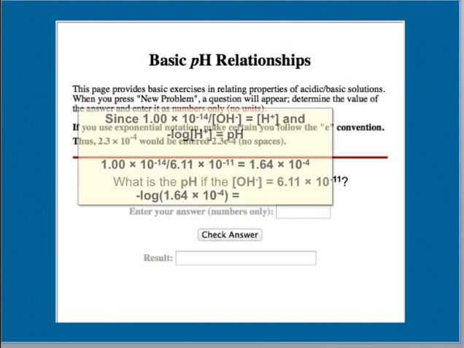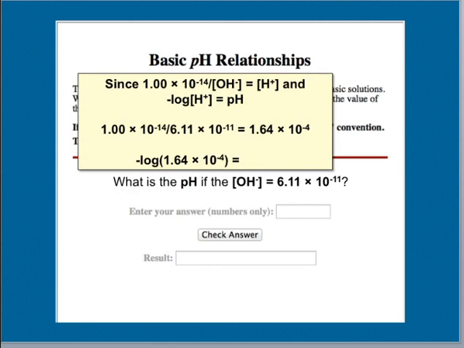So, 10 to the minus 14 divided by our hydroxide, which is this, gives us a value of 1.6 times 10 to the minus 4. That is hydronium. If we know hydronium, just like we did on the previous set of problems, to convert this to pH, you simply type it in, hit log, change the sign, and it's 3.79.